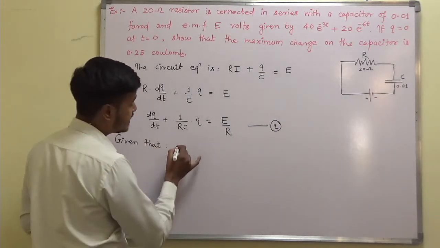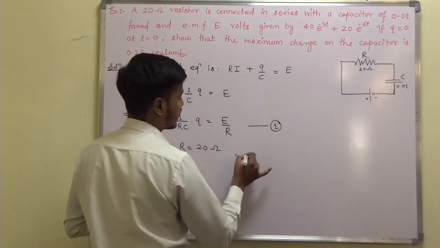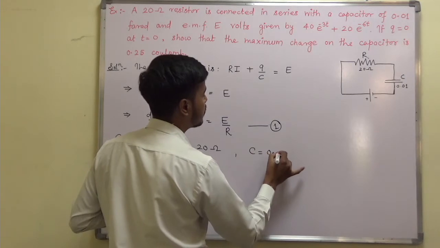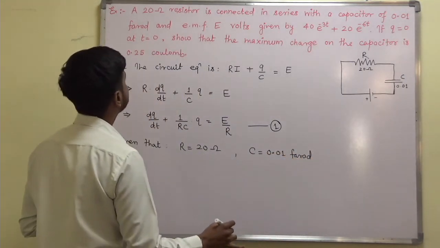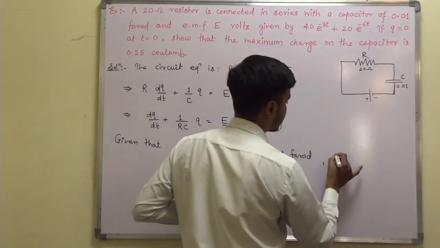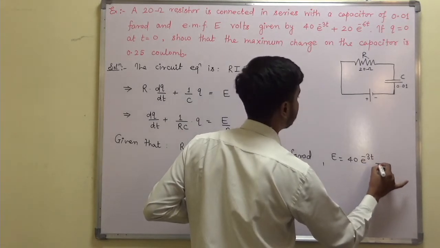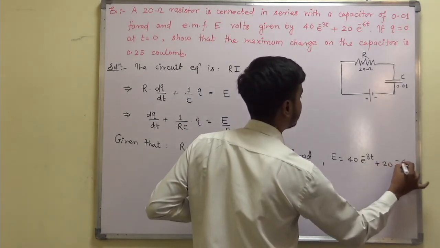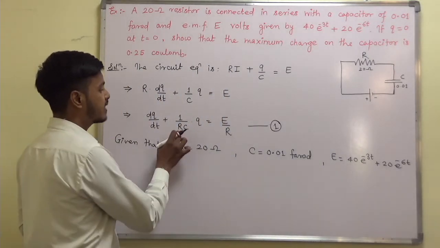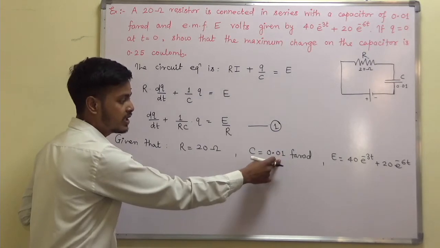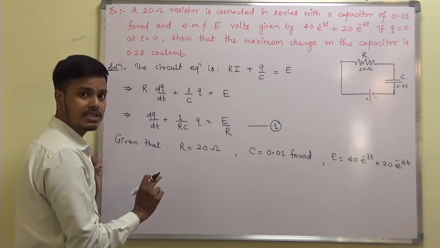Given that R is equal to 20 ohm, C is equal to 0.01 farad, and E is given to us as 40 e to the power minus 3t plus 20 e to the power minus 60. Okay, this is given. So what is this R into C? 20 into 0.01 is 0.2. So 1 upon 0.2 is 5.